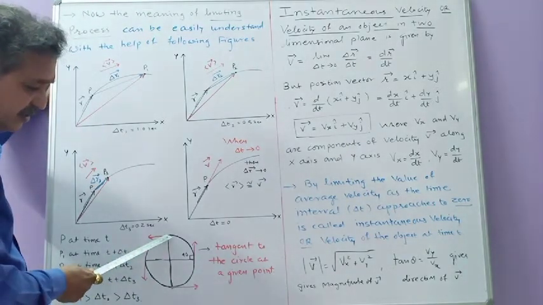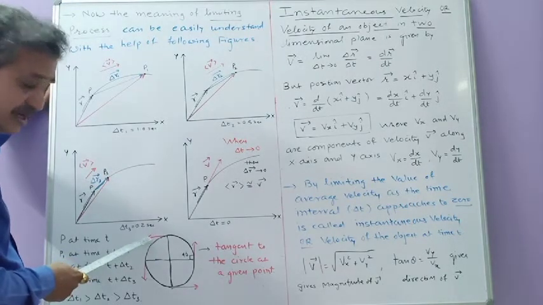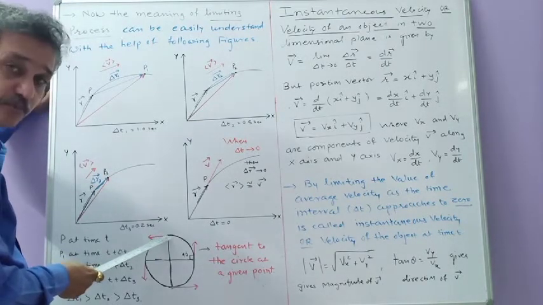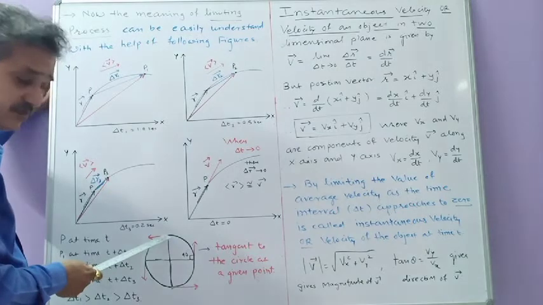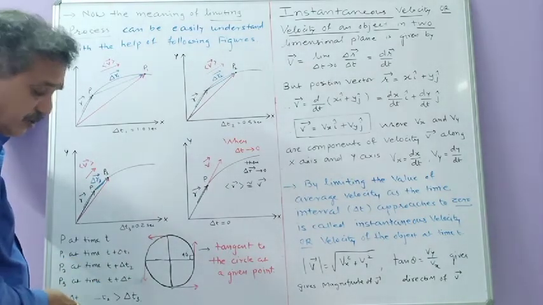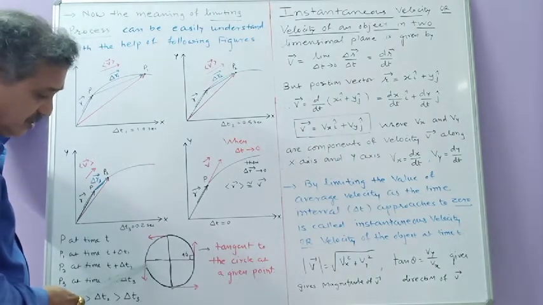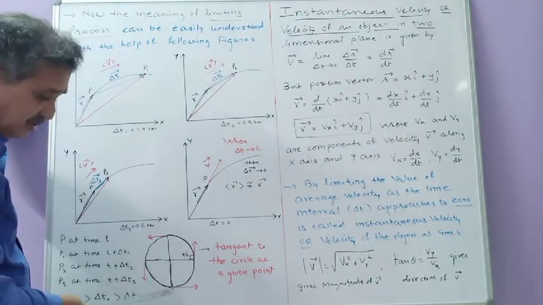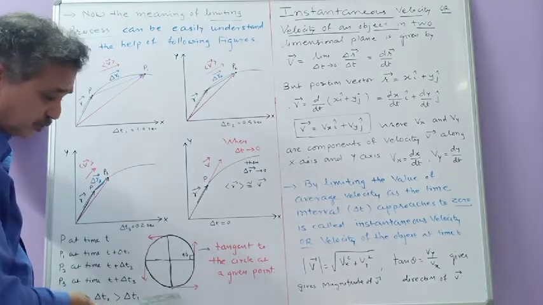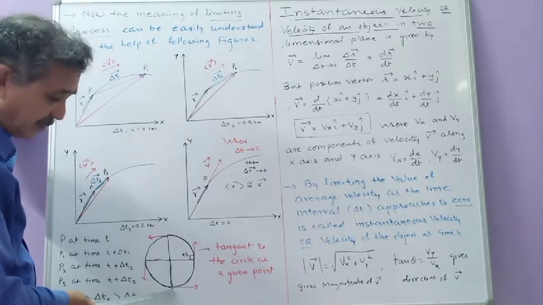Similarly, at another position, this arrow is another tangent drawn at another position of a particle on the circle. This third arrow is the third tangent drawn at the third position of the particle on the circle. This fourth arrow shows the fourth tangent drawn at this fourth position of a particle on the circle.